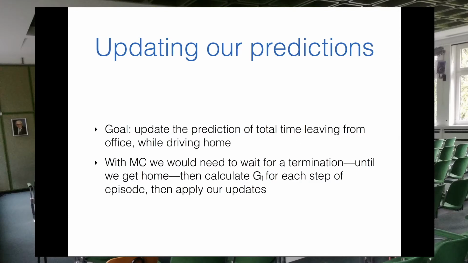With Monte Carlo, we would need to wait for a termination until we get home. Then we can calculate G for each step of the episode, then apply our updates.